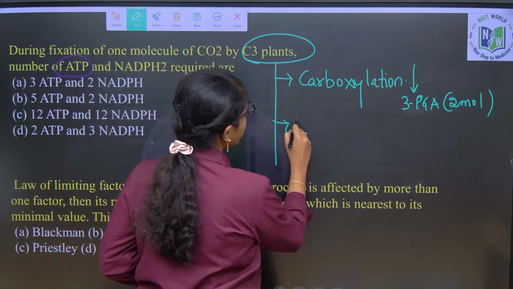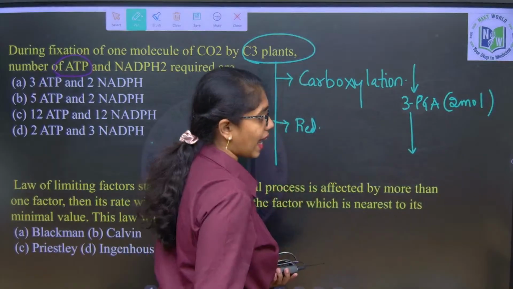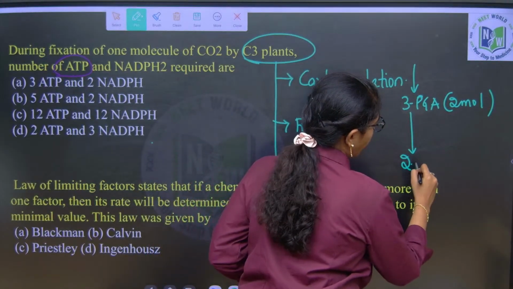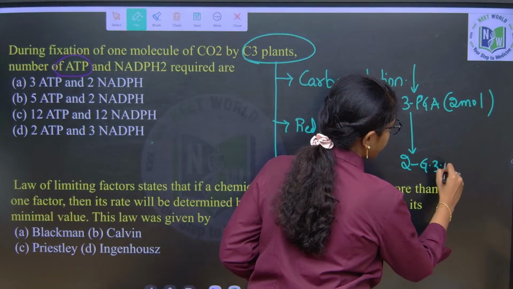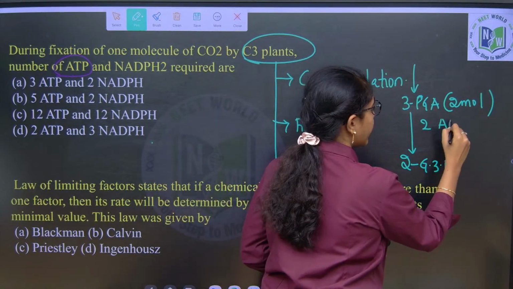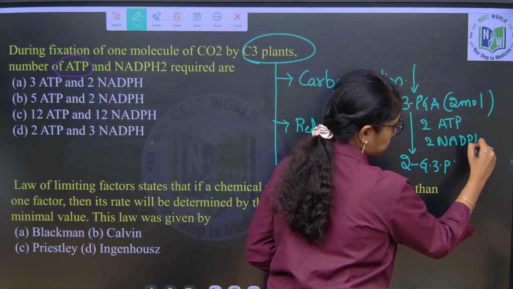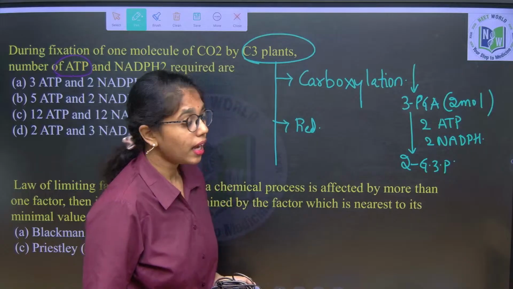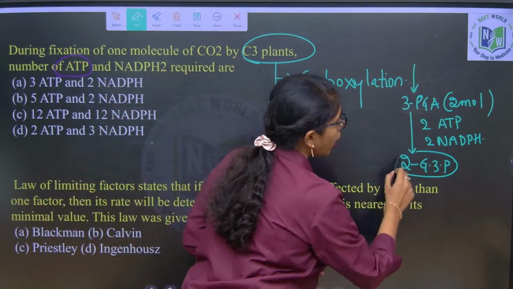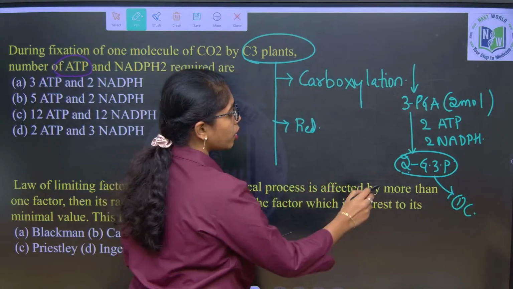And during the time of reduction, these molecules of phosphoglyceric acid are turned to 2 molecules of glyceraldehyde 3-phosphate, and here it requires 2 molecules of ATP and 2 molecules of NADPH. Fine. And of these 2 molecules of G3P, 1 carbon will escape for glucose molecule formation.